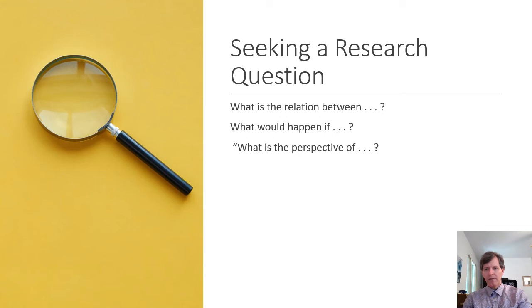A little bit about your research question. These are some stems that you can use. What is the relationship between? And your research question, of course, informs the methods that you use. Make sure your methods are appropriate for answering the question. When you're looking for relationships, you might do a correlational analysis. What would happen if?